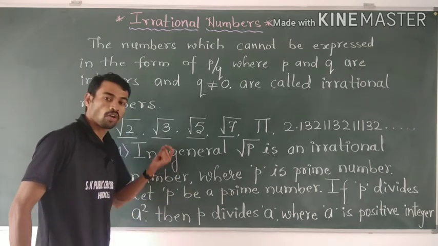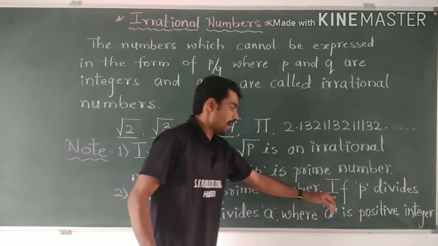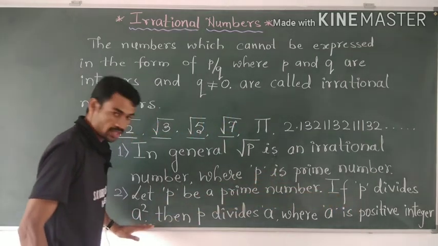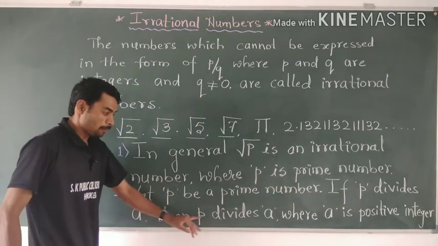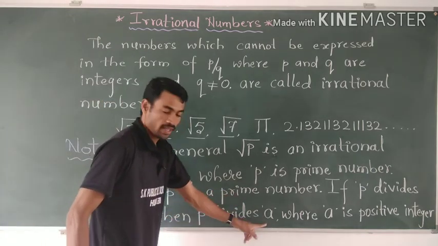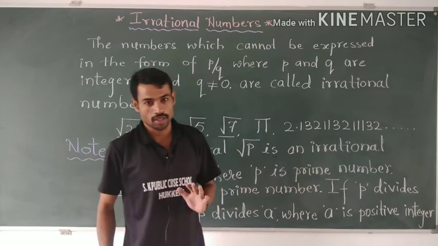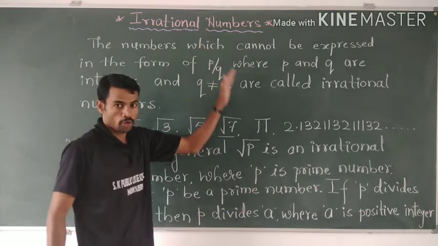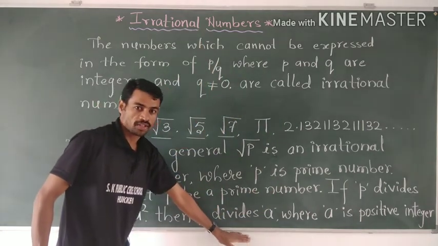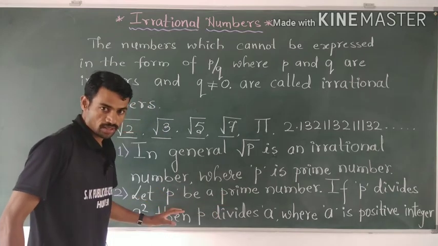If p divides a square, then p also divides a, where a is a positive integer. I hope you understood all the concepts we have discussed now.